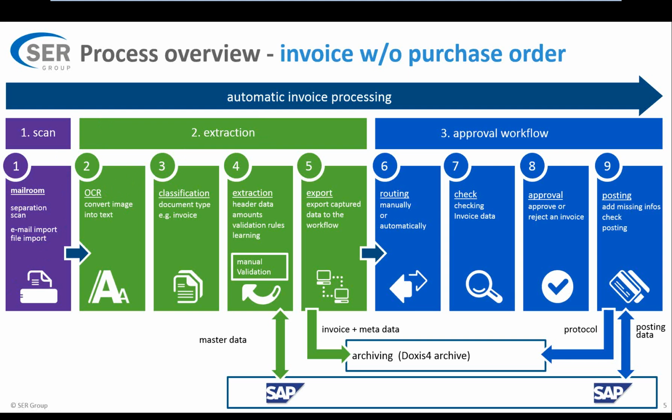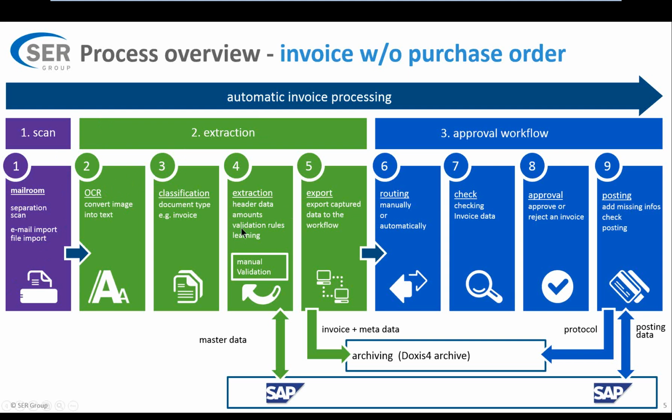So that means the system is capable of processing not only invoice documents, but the whole inbound process of a company. But in this special topic of invoice, we recognize, okay, it's an invoice, and because of that, we do a special extraction for the invoice process at step 4.